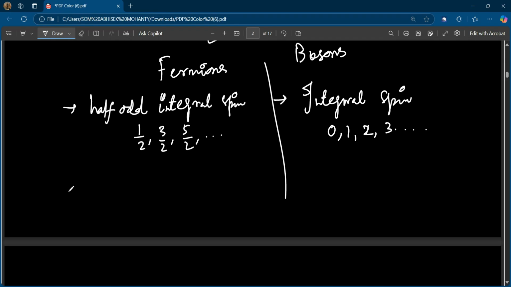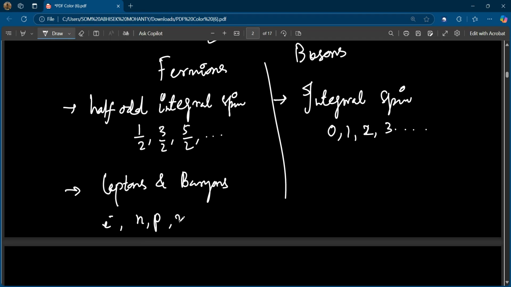Examples of fermions: neutrons, electrons, neutrinos. The leptons and baryons are fermions. Leptons means electron, positron, neutrino; baryons are nucleons, neutron, proton.